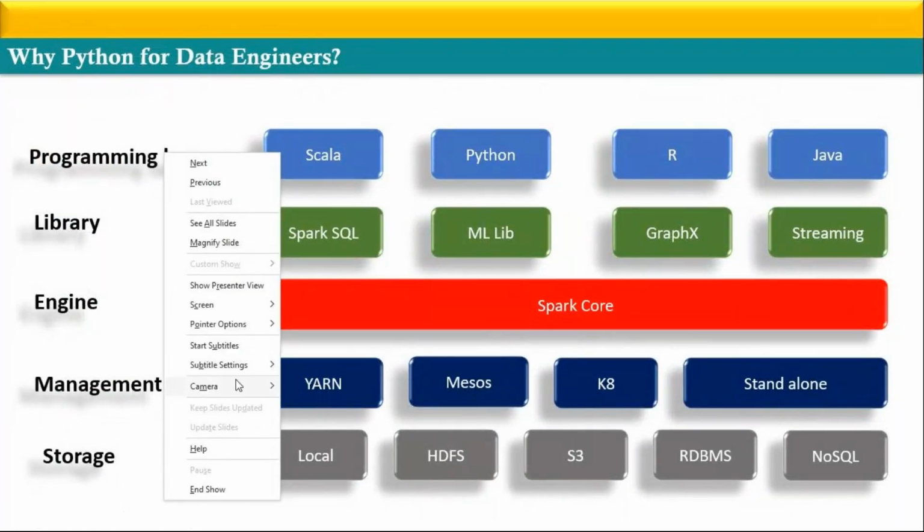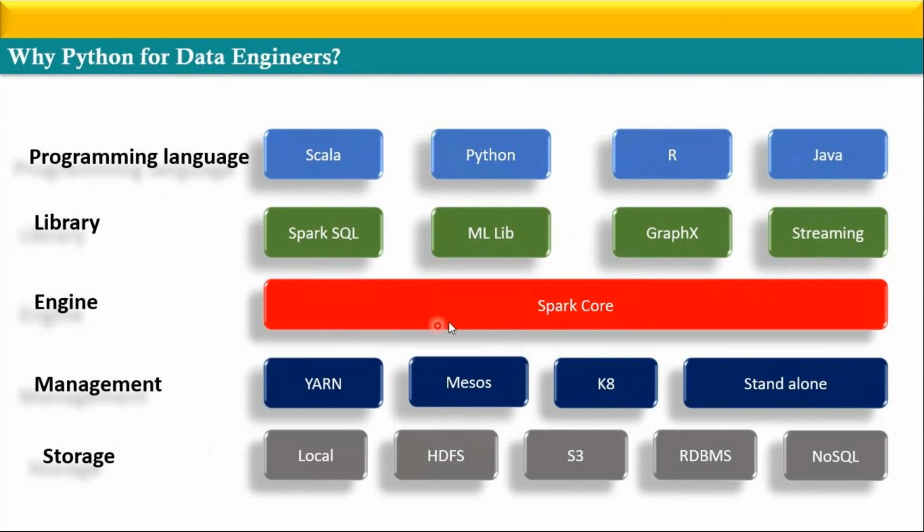So over here in this diagram, you are able to see the Spark architecture, and this is the Spark core, which we see in the red color. The Spark core is providing different APIs like Scala, Python, R, and Java. So with the help of these high level languages, we will be able to code for Spark, and Spark is nothing but a distributed in memory compute engine.